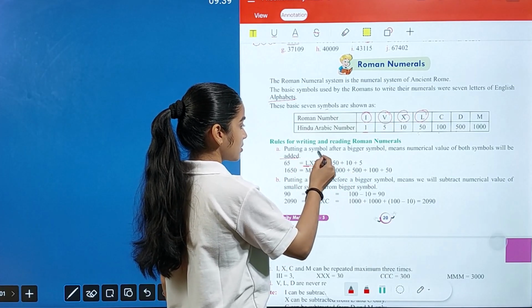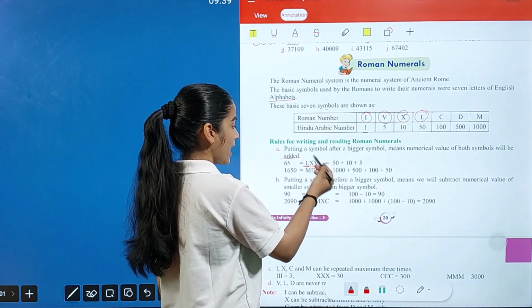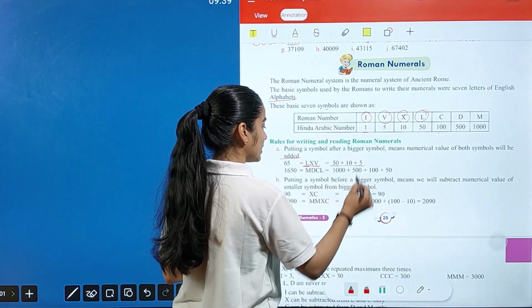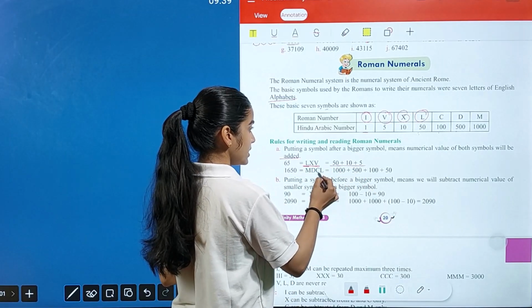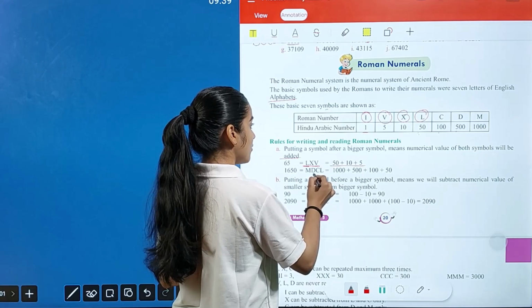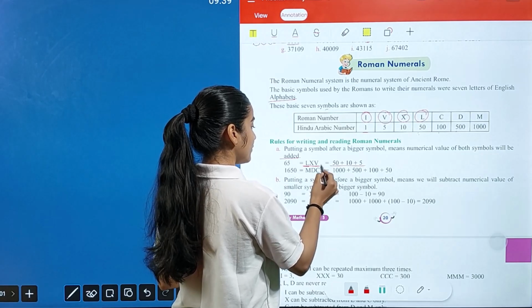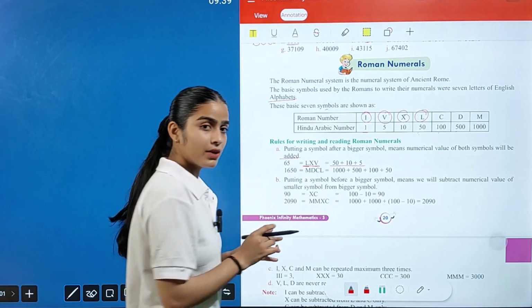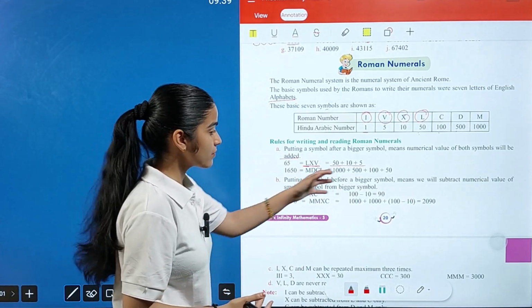Where we put a smaller symbol on the right-hand side of a bigger one, you have to add the numbers together. So L 50, C 100, D 500 and M 1000. On the right side, we have the larger number. It means we have to add it.